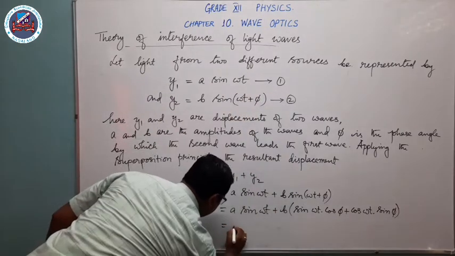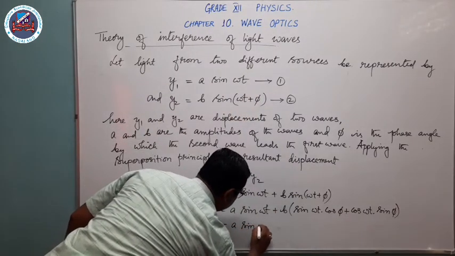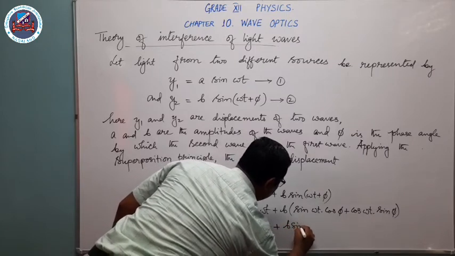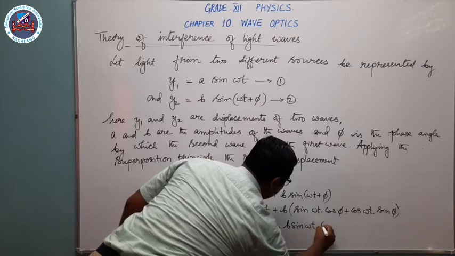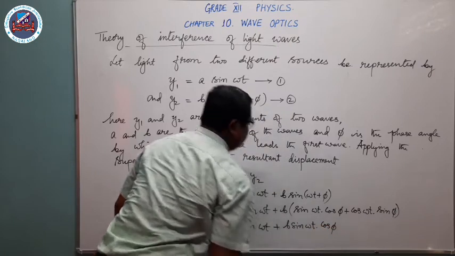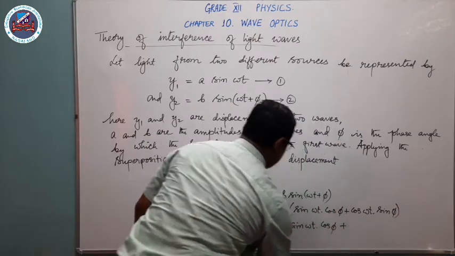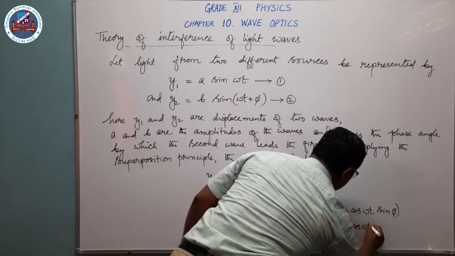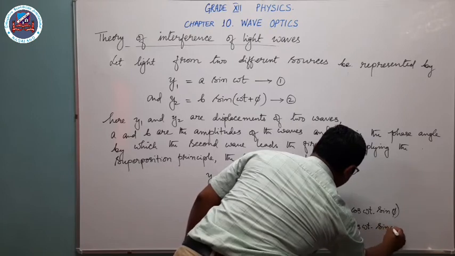Now opening the bracket, a sine omega t into cos phi, plus this is b cos omega t sine phi.